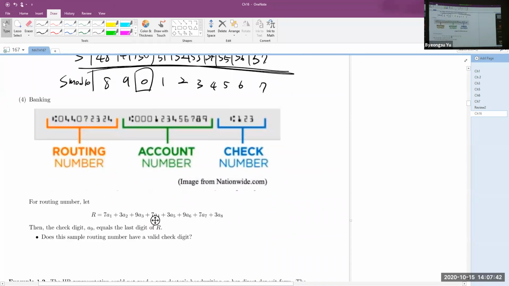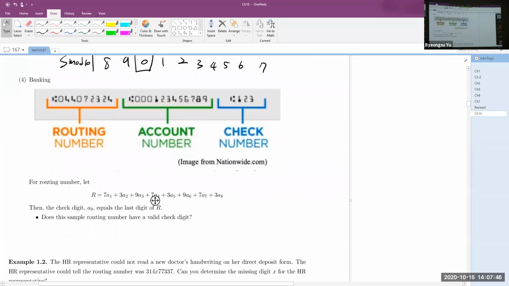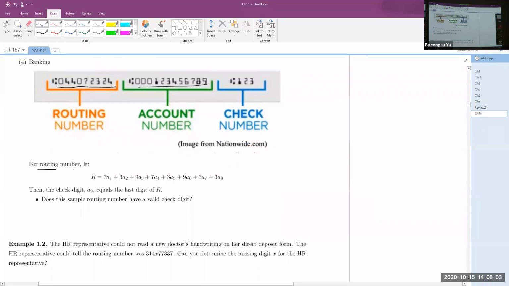So there is another example, which is banking. In the case of banking, the first 9 digits are the routing number, and the other 12 digits are for the account number, and there are other check numbers here. But here we only deal with routing numbers.